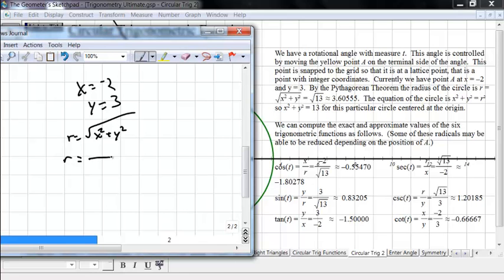So r is the square root of -2 squared plus 3 squared. -2 squared, or 2 squared, either one is 4. 3 squared is 9. 13, and then square root. So square root of 13 is r. It's an exact value for r. It's approximately 3.60555 if you pull out your calculator. But for an exact value, we'll have to use the square root of 13.